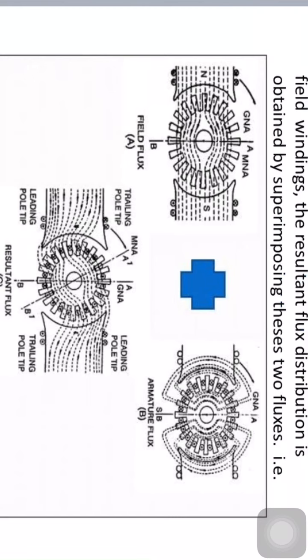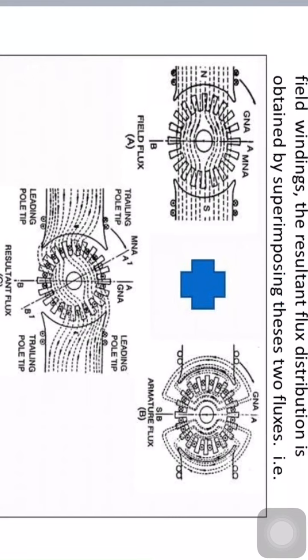So in this diagram we have seen leading tip and trailing tip, trailing pole tip, leading pole tip. What is this trailing pole tip and leading pole tip? The tip of the pole from where the armature conductors come into influence is called the leading tip, and the other tip opposite in direction to it will be the trailing tip.